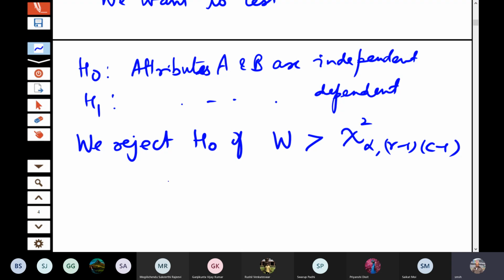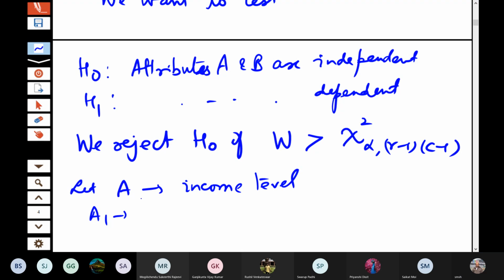Okay, let me give one example here. This is the data on A, the income level. So A1 we can say to be high income group.